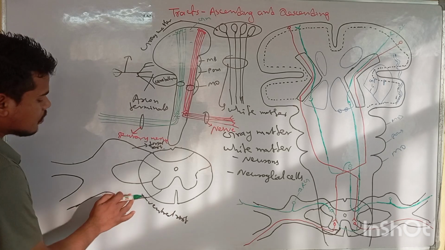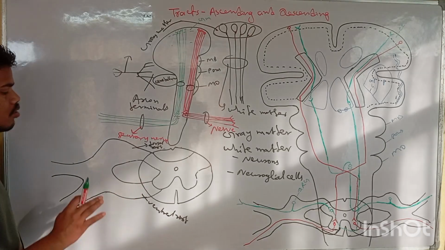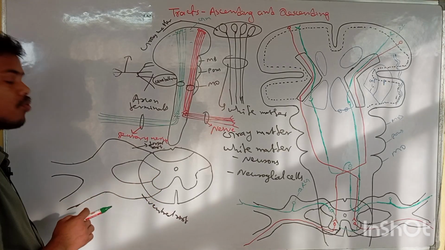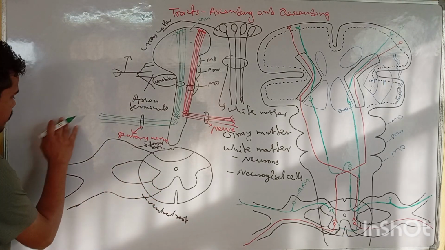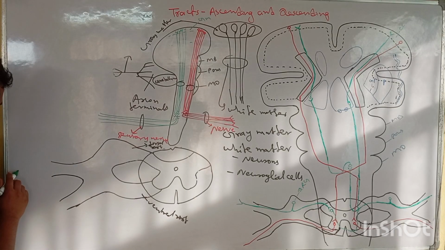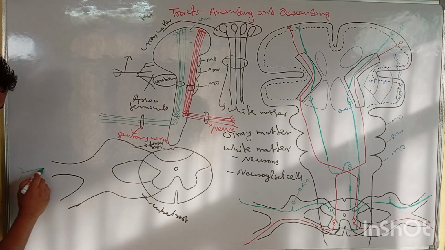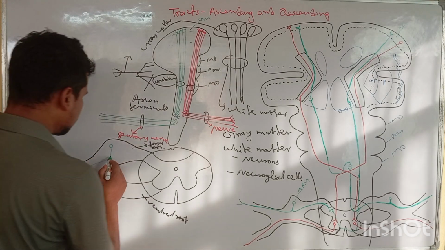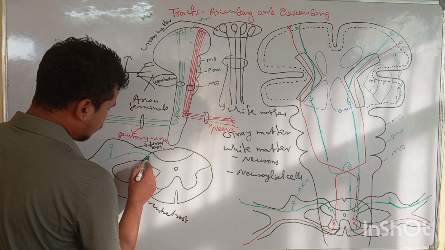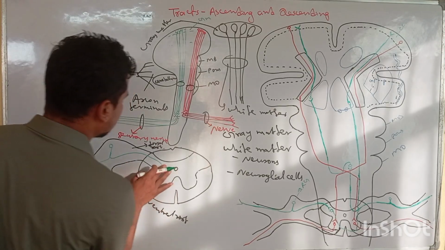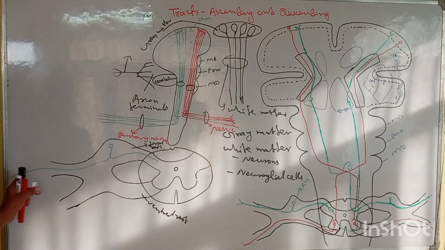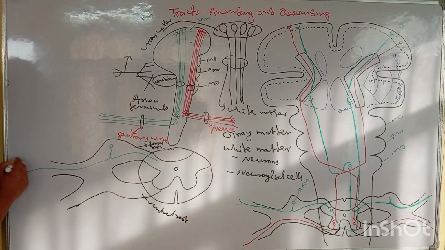And the ventral motor fiber will always exit from the ventral root. So what will happen here? Let's suppose here is a receptor and this will form a pseudopolar neuron, with one central process and one peripheral process. And this receptor, my dear, can you define receptor?